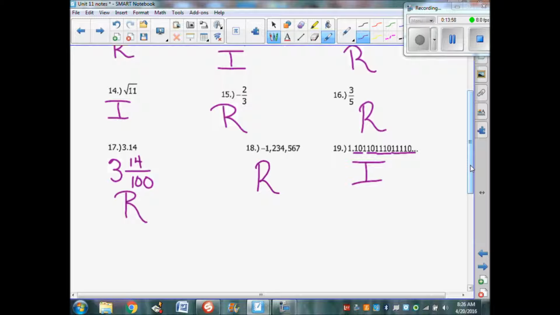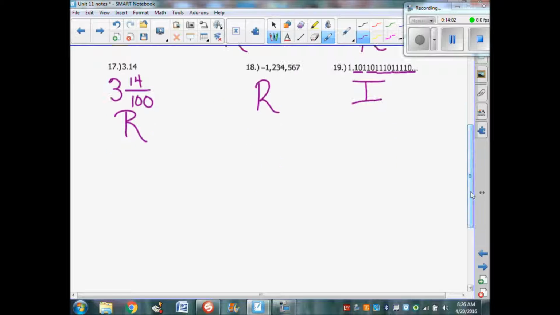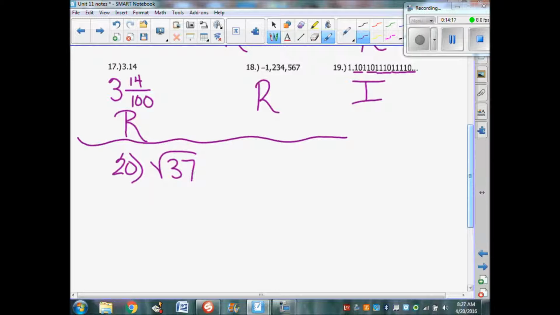Okay. All right. I'm going to put a couple more on here. Stay right there. No, don't turn the page. I'm just going to put 2 more questions on here. The square root of 37, and it's not the same direction. I want to know what 2 integers is it between?